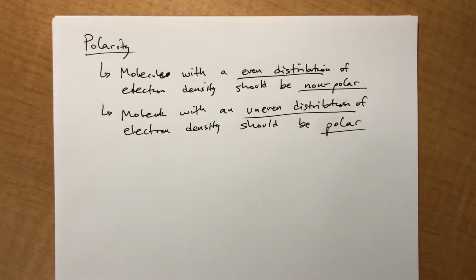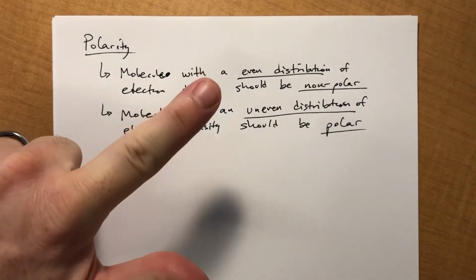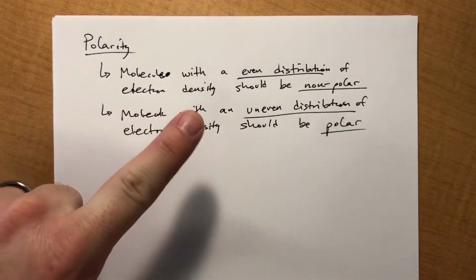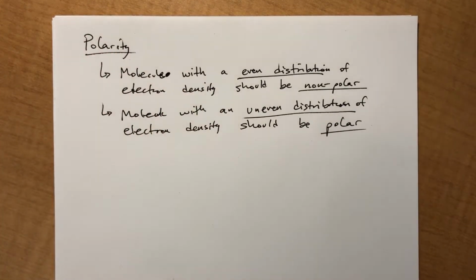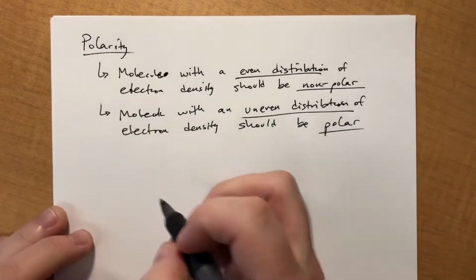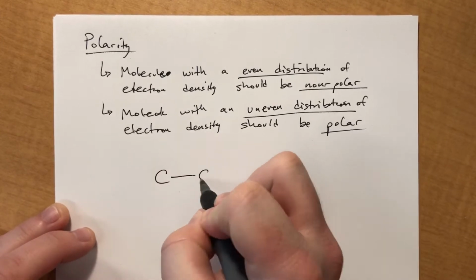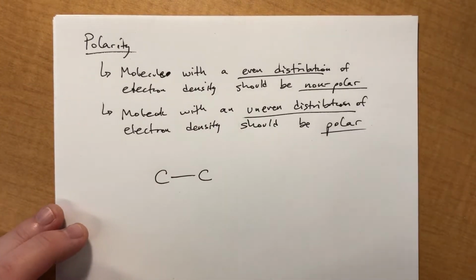Now, this is based a lot on the Lewis structure, the three-dimensional geometry, the VSEPR theory, the molecular geometry, and it's also based on electronegativity differences. We saw in the previous chapter that if you have two atoms that are exactly the same, these electrons are shared evenly.